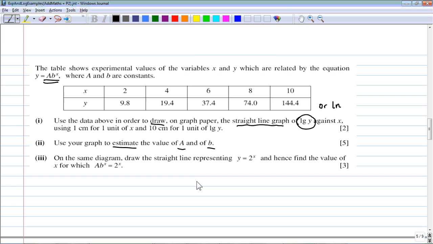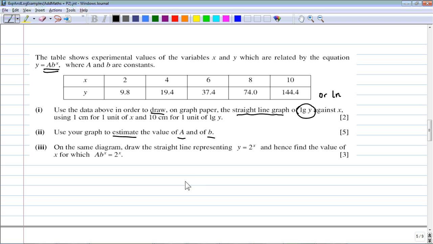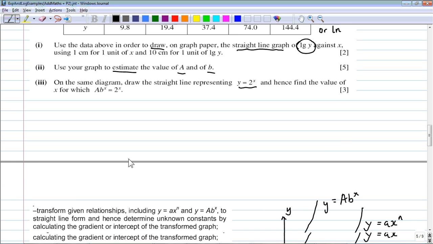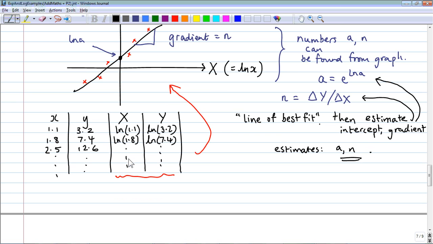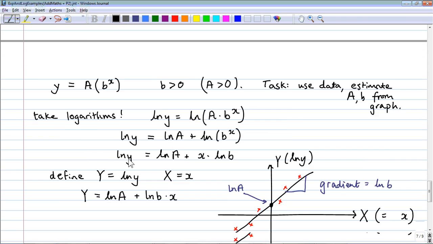They then say on the same diagram, draw the straight line representing y equals 2 to the x, and hence find the value of x for which ab to the x equals 2 to the x. Now obviously I'm not actually going to calculate everything here, but do we see the basic idea?